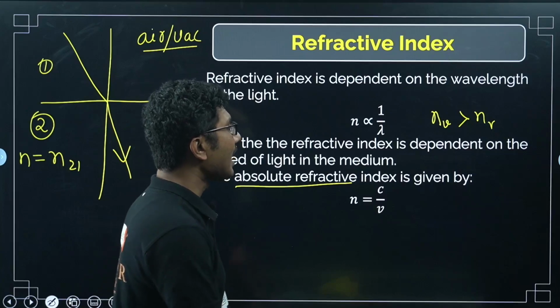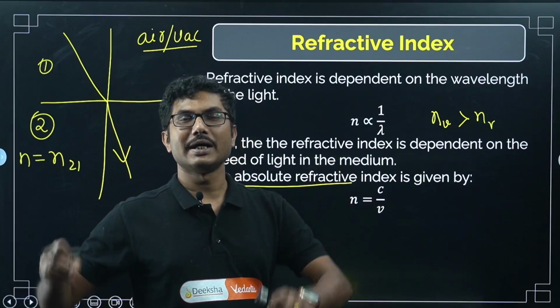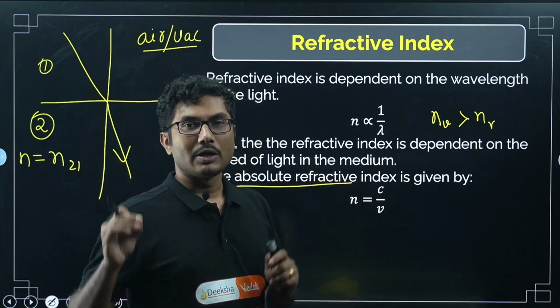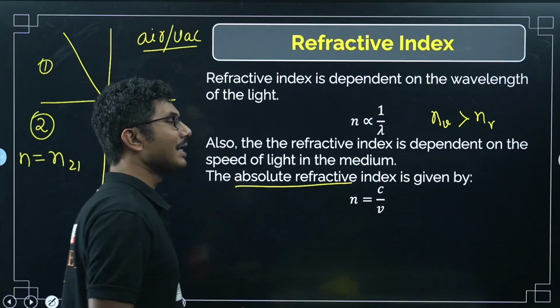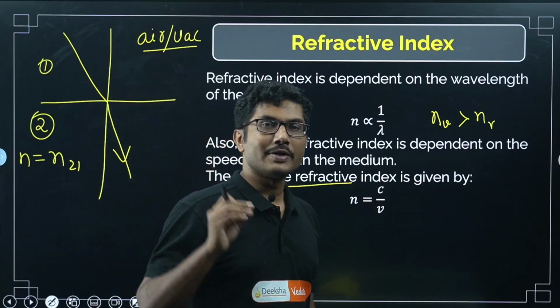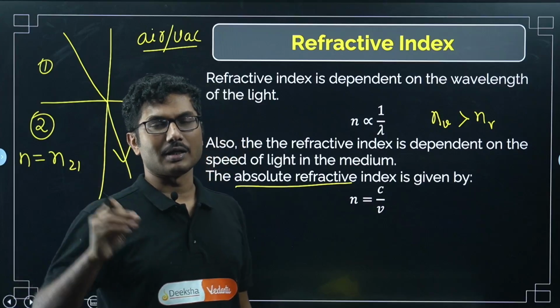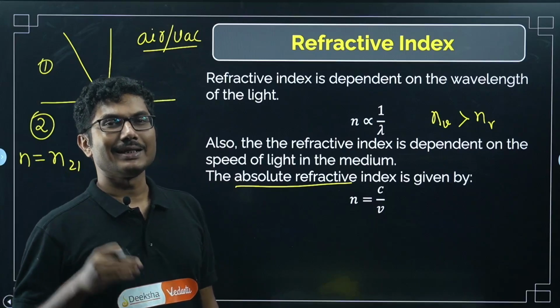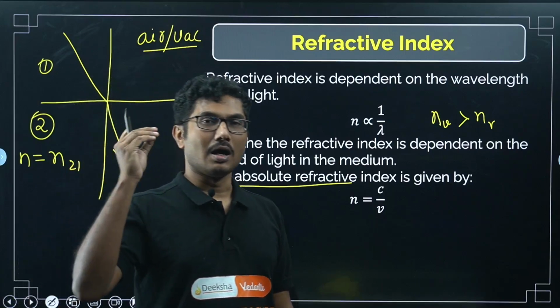Now you can see that the speed of light in vacuum is the maximum limit, right? It is called the cosmological limit. Nothing can exceed the speed of light in vacuum, not even the speed of light itself in another medium. So the speed of light in water has to be less than that of the speed of light in vacuum.